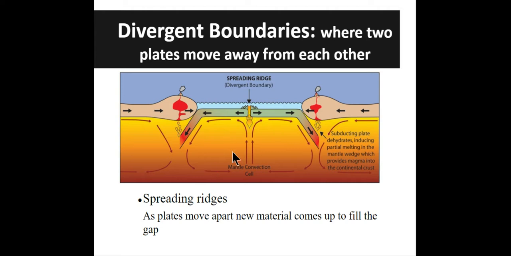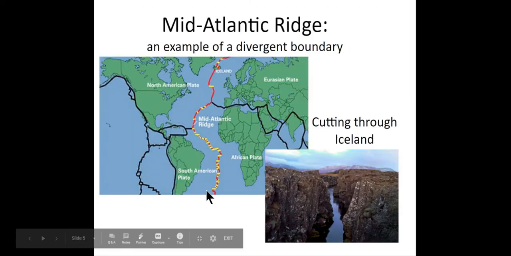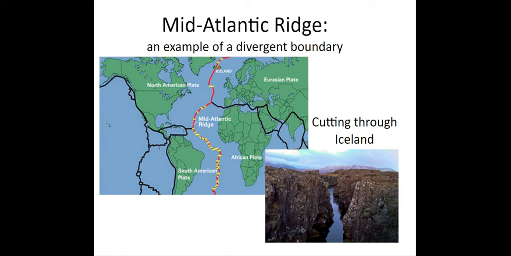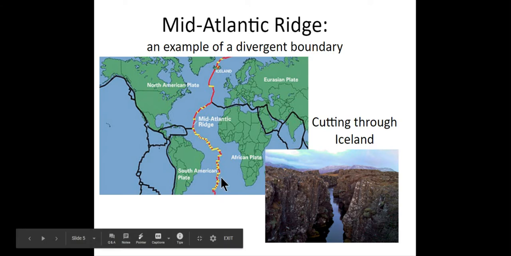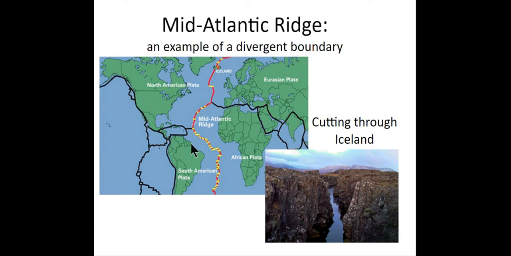So let's look at an example of a divergent boundary. The most famous example of a divergent boundary is called the Mid-Atlantic Ridge. In the middle of the Atlantic Ocean, way deep beneath the ocean, is the Mid-Atlantic Ridge. The South American plate and the North American plate are moving to the west.